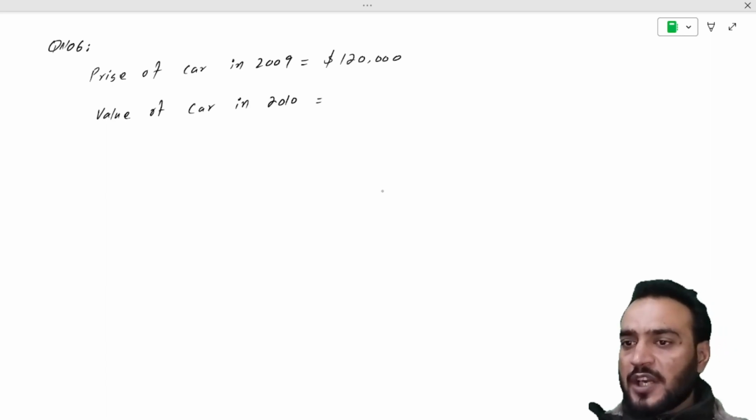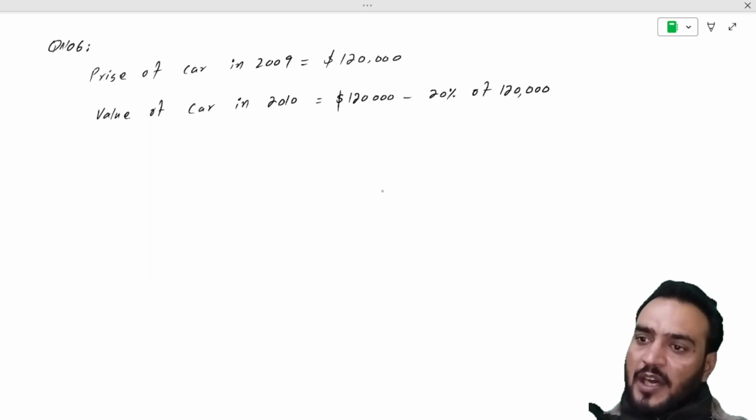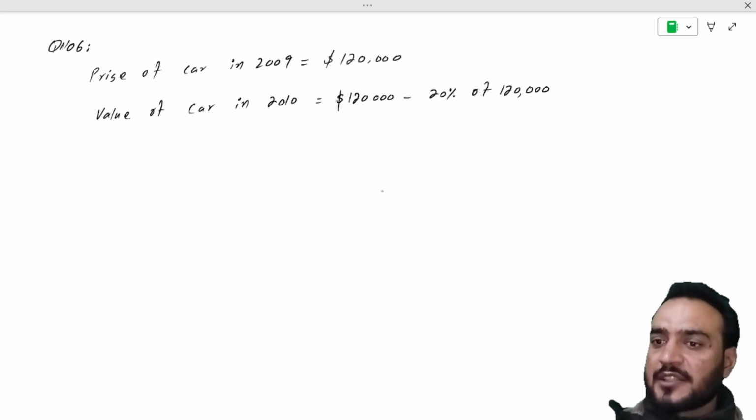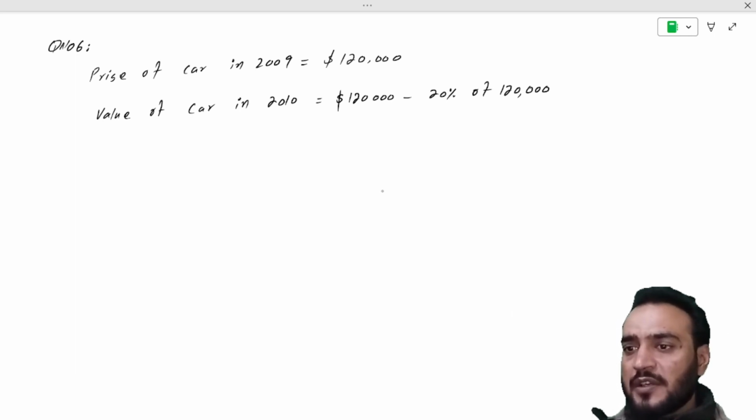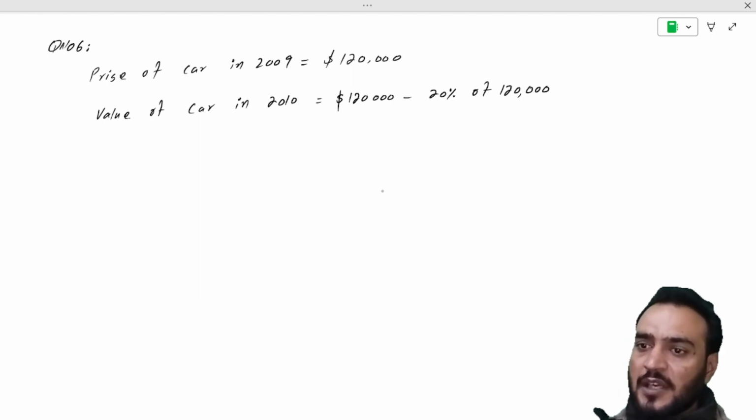So the original price was $120,000. We will subtract the 20% of $120,000 from it, because its value depreciates from 2009 to 2010 by 20%. So we subtract the 20% of the original price.